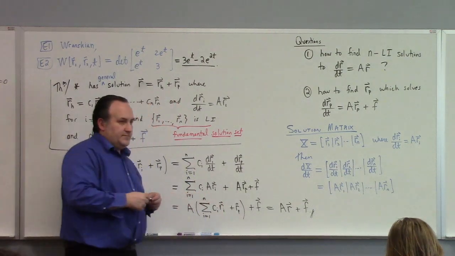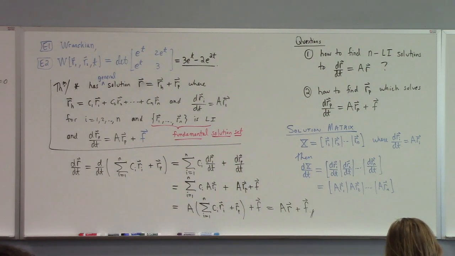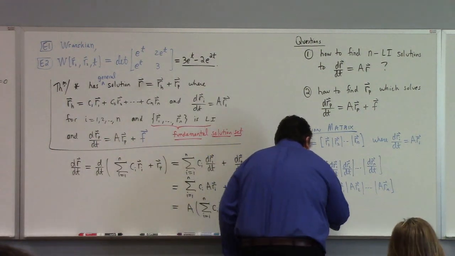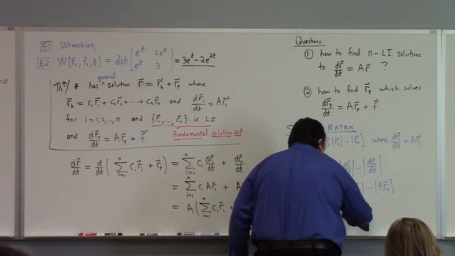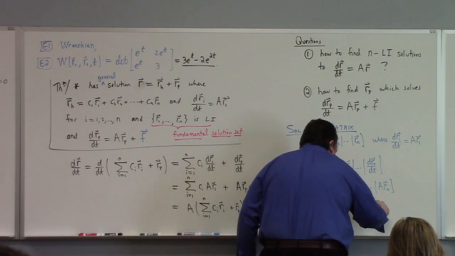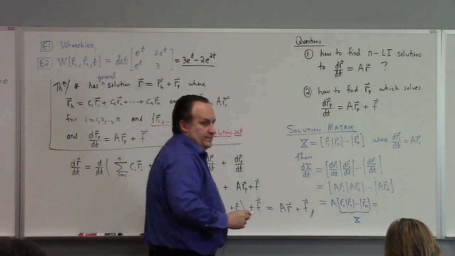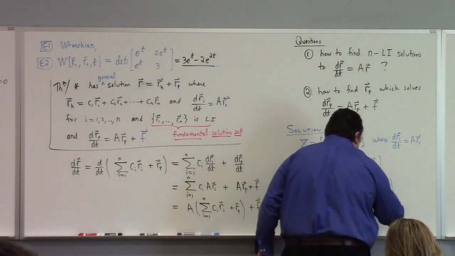And then, from linear algebra, there's a very important matrix identity to know about here, which is that you can factor A out of this column by column product, all right? The way matrix multiplication works, I can actually factor A out, like so. And if you look at that, then what we have is what? This is X again, that's the solution matrix again. So what do I have? I have dX/dt is equal to A times X.